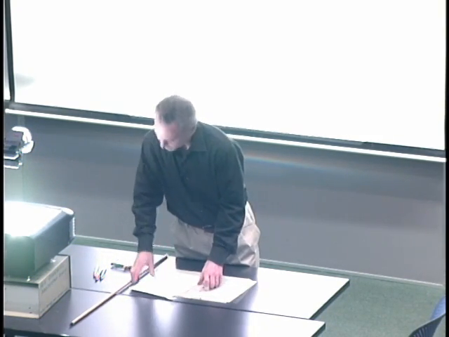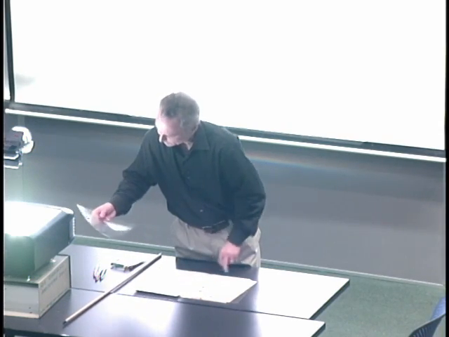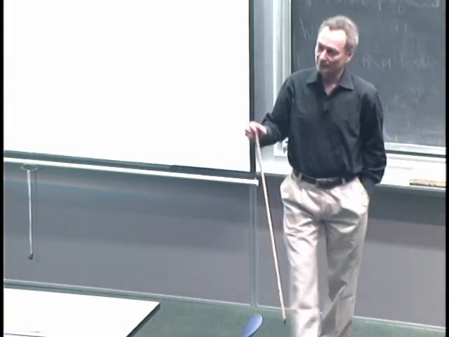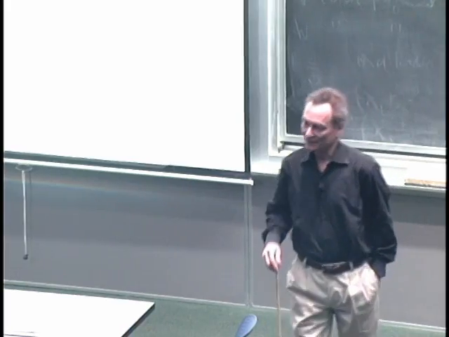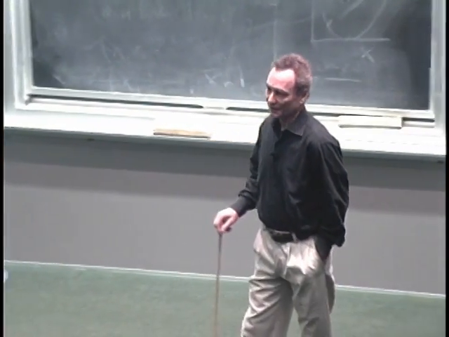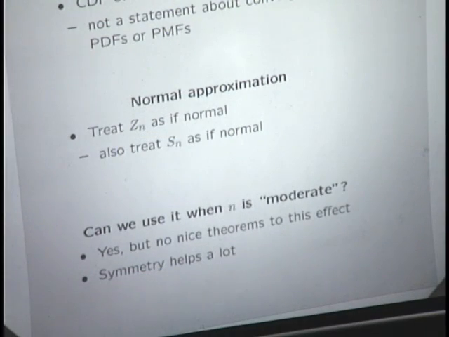Now, in practice, how do you use the central limit theorem? Well, it tells us that we can calculate probabilities by treating Zn as if it were a standard normal random variable. Now, Zn is a linear function of Sn. Conversely, Sn is a linear function of Zn. Linear functions of normals are normal.